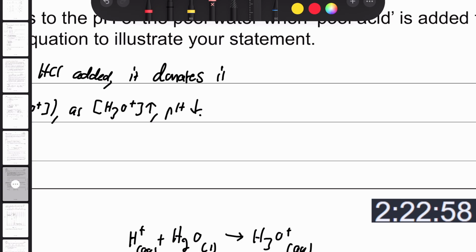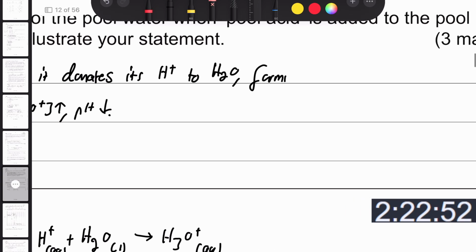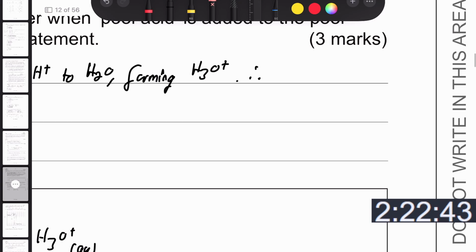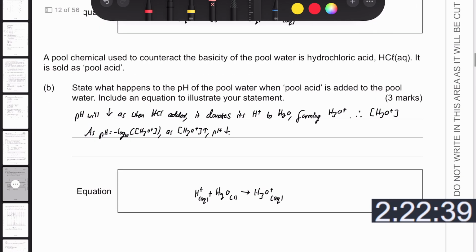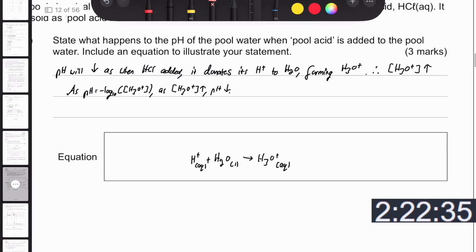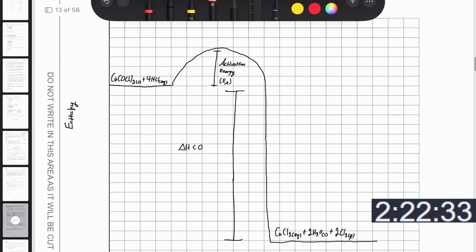It donates its H plus to H2O forming H3O plus, therefore the concentration of that will increase. Okay, and then I'm happy with that.